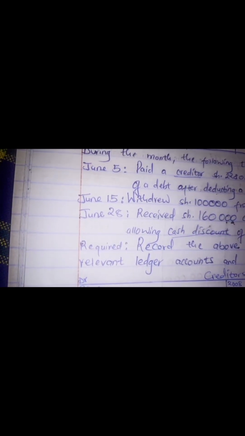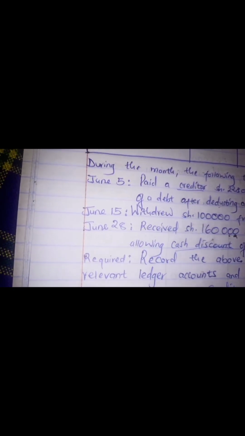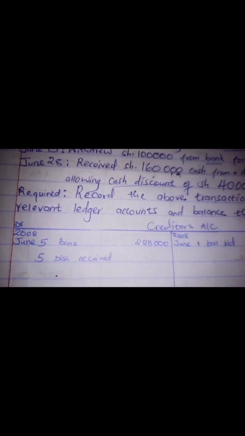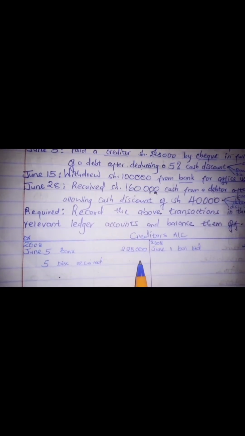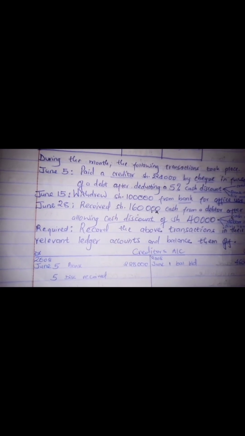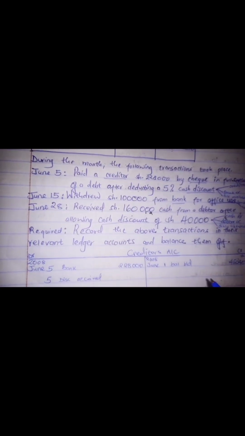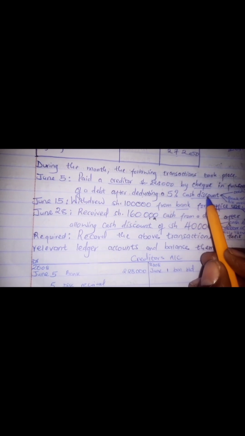Learners, you have to reflect this on this account, since this is an amount you were supposed to pay, but now it has been exempted: a 5% cash discount.